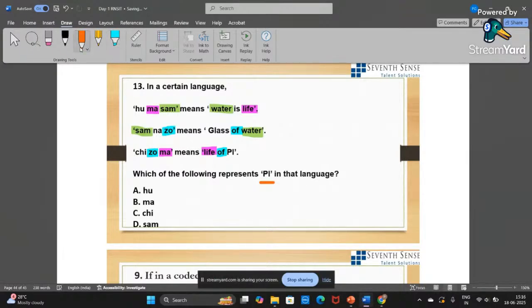That means life is coded as ma, of is coded as zo. The left over is chi. That means pi is represented as chi. Chi is the right option for this.